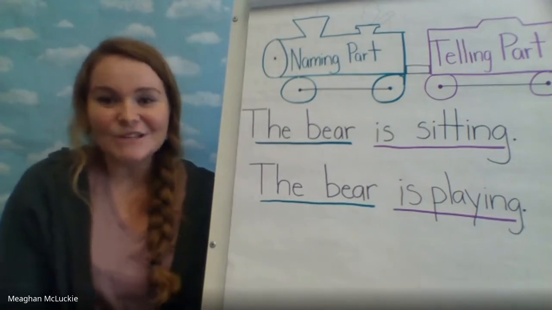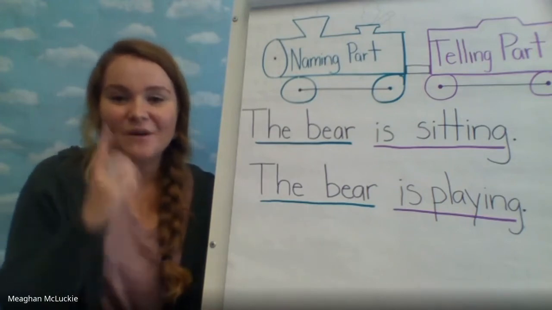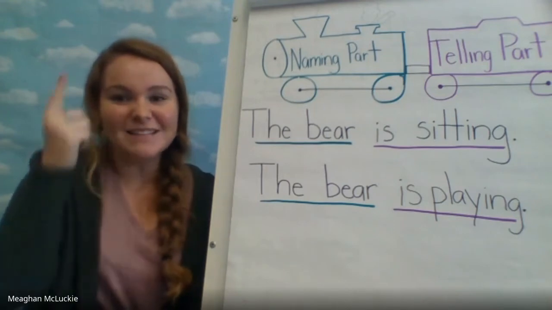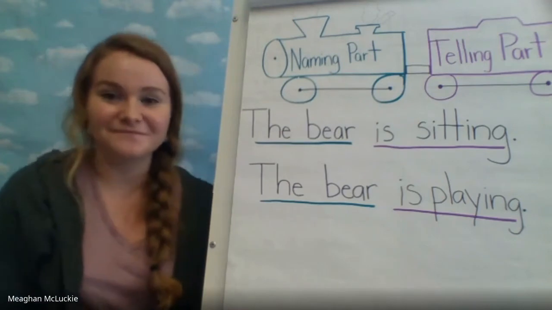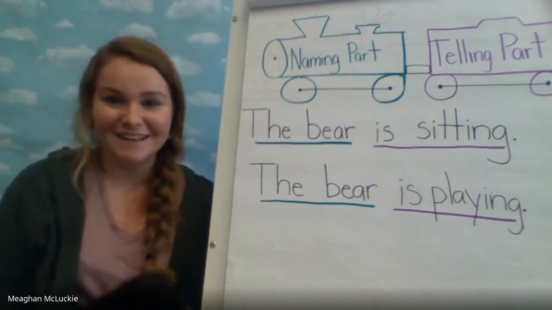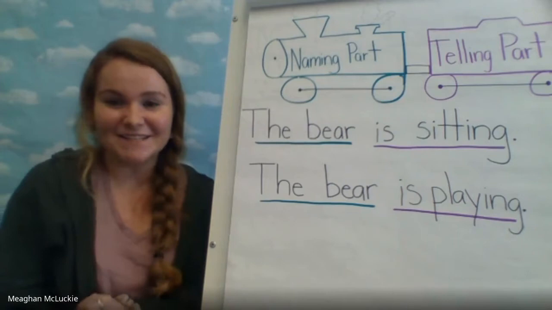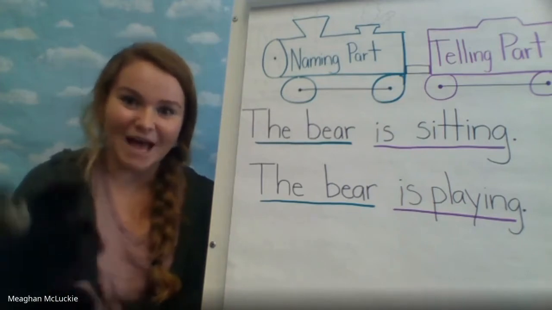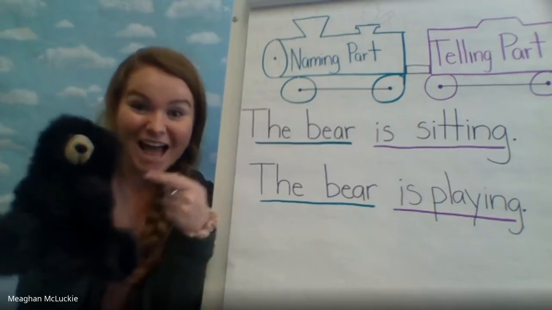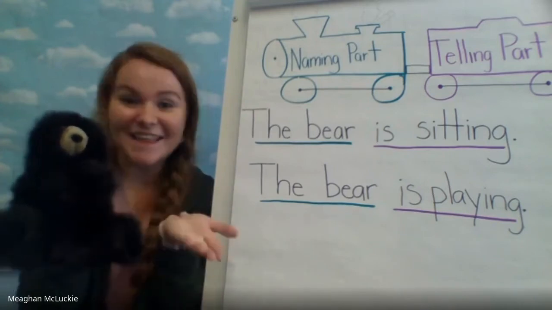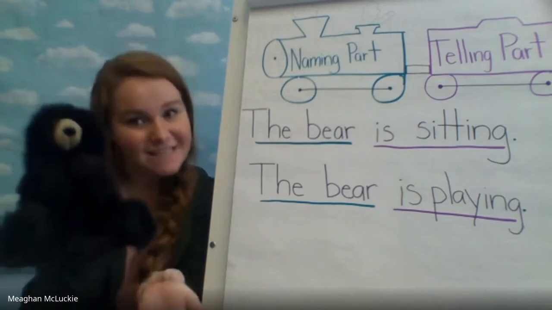Okay. So before we get started, now that we know our materials, let's review what we did yesterday. So go ahead and pull on that thinking cap. All right. So yesterday I had a special friend come. Does anybody remember who my special friend was? That's right, the bear. He's an object.